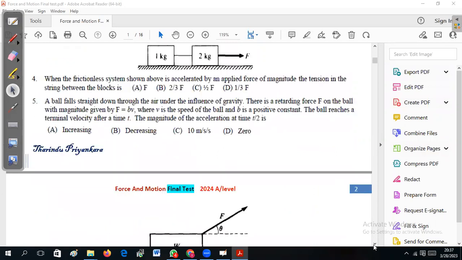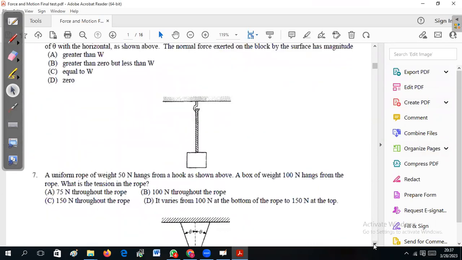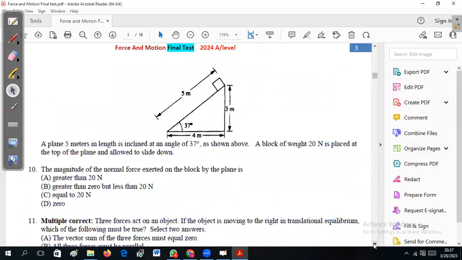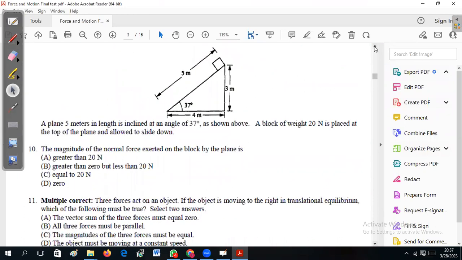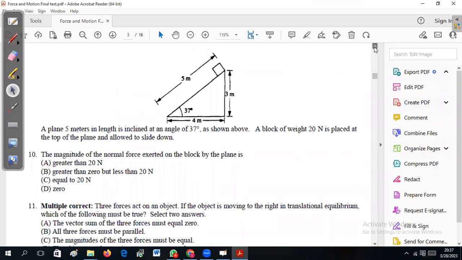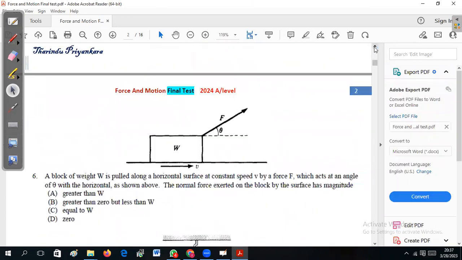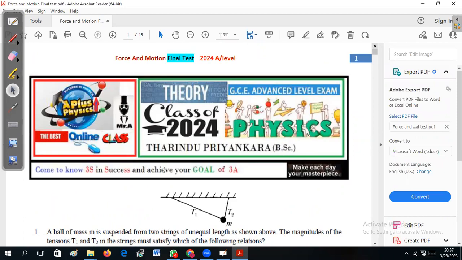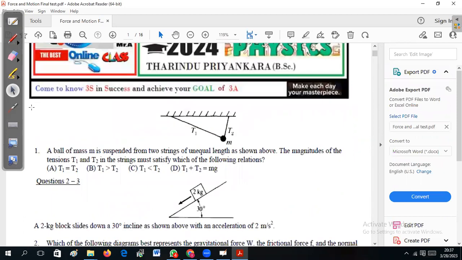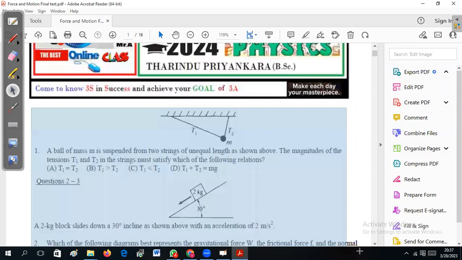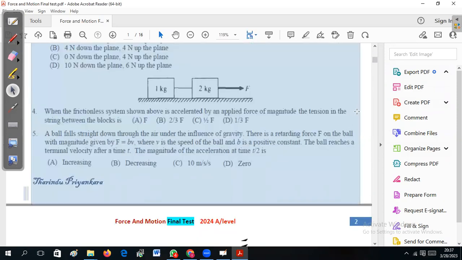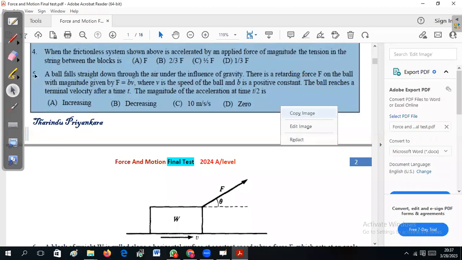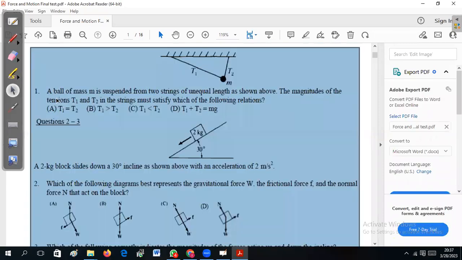Okay. I will give you 15 minutes for the first 10 MCQs. Let's try. Start the first 10 MCQs quickly.